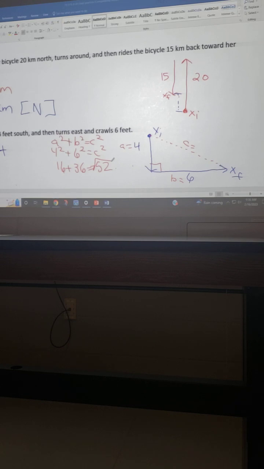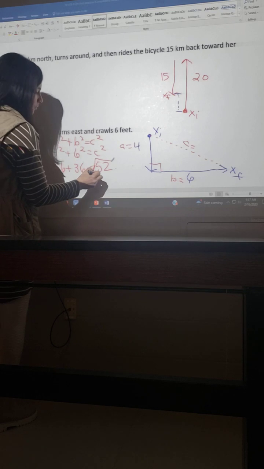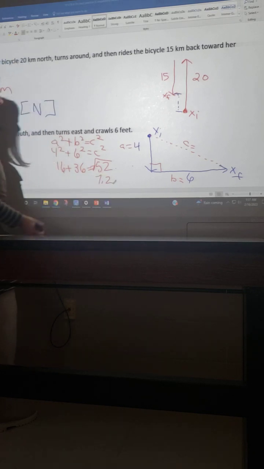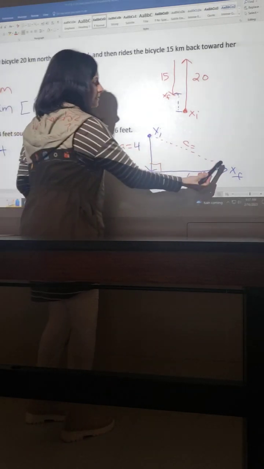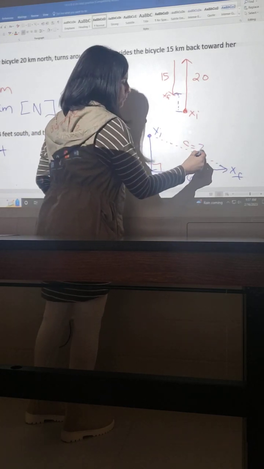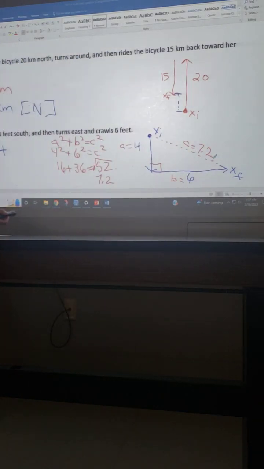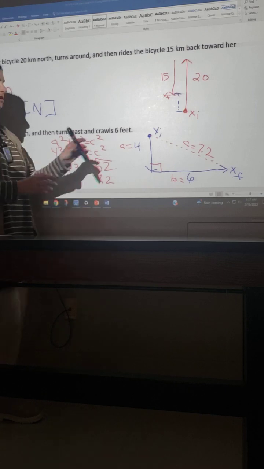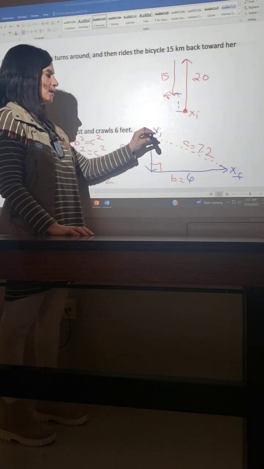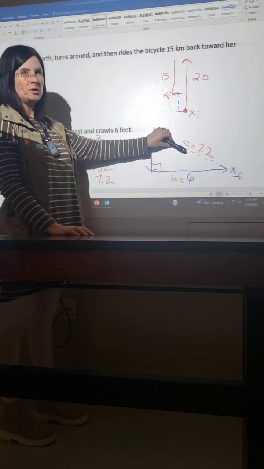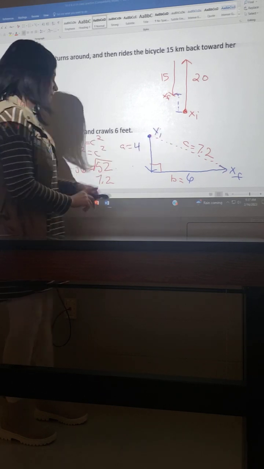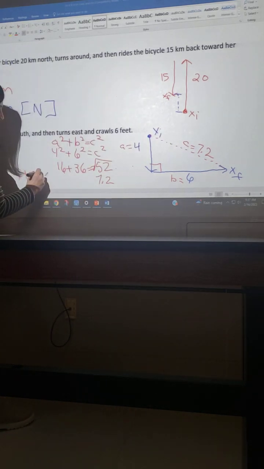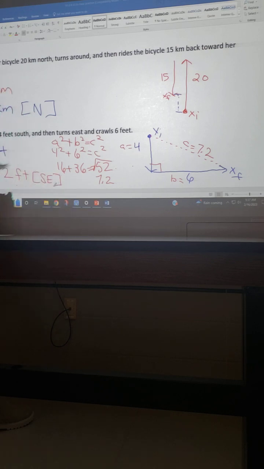Yeah. 49 squared is 7. 7.2 sounds good enough. And so this value is 7.2. And so that is my displacement. And it's gonna be feet. Now here's the direction. XI, I point to where I finish. What direction? South, Southeast. Okay. South, east.